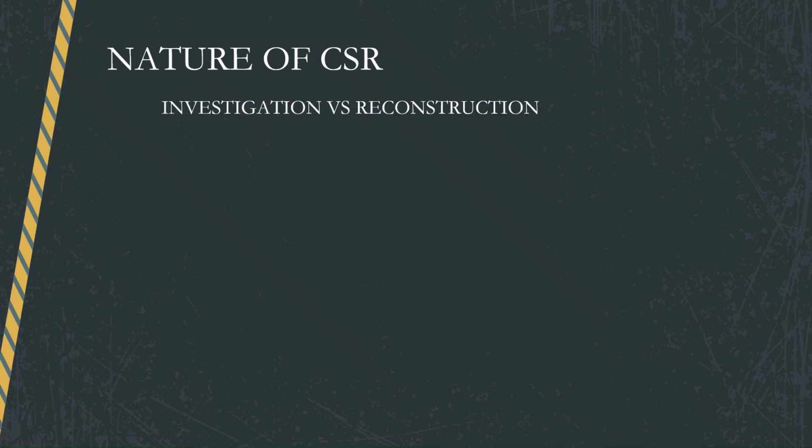Now, a lot of students think crime scene reconstruction is just another name for investigation, but investigation is the entire process of solving a case, right? But reconstruction is only a part of this entire investigative process. Its job is to take all the available information and determine the sequence of events that most likely occurred.